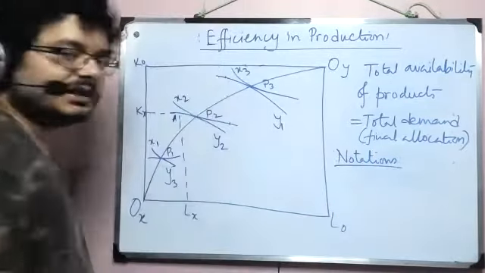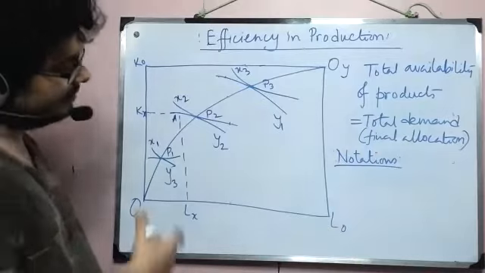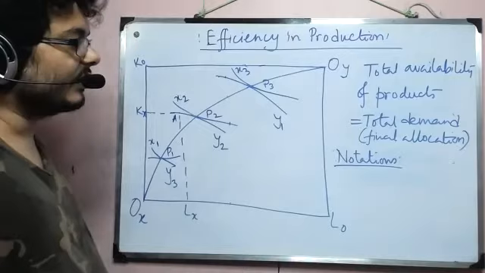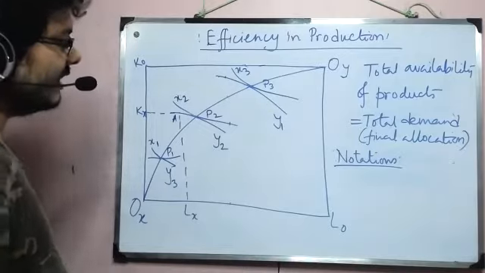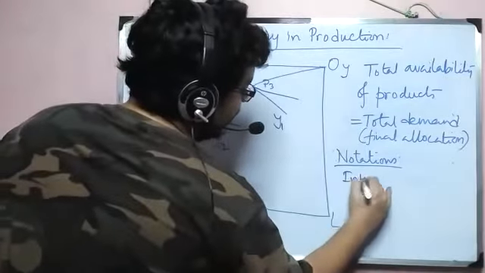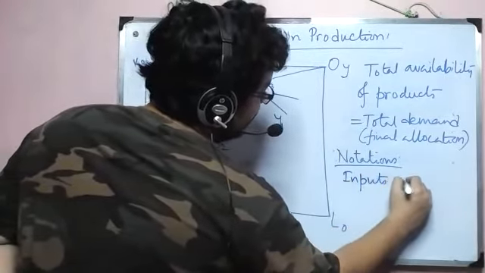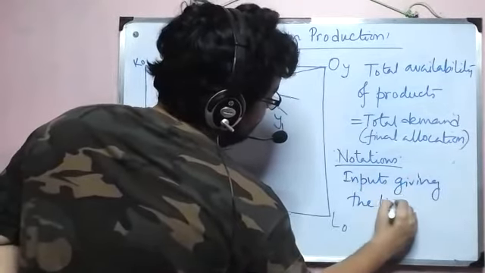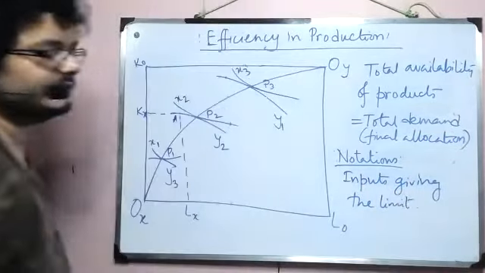So in terms of notations, and by that we are also talking about construction. In terms of construction, here we have inputs giving the limit, right?